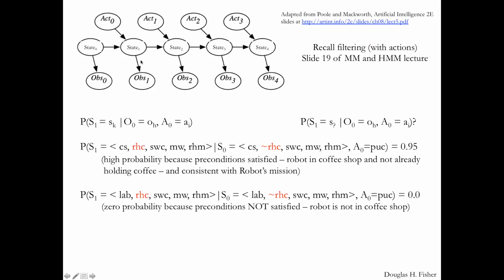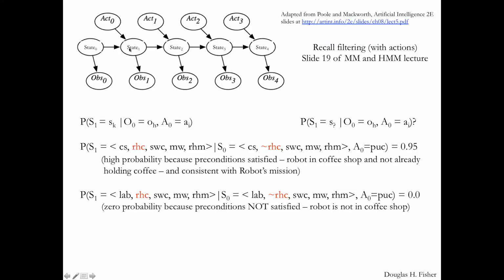So in the illustrations in the book, a state is often equated with a location. They're talking about robotic applications. But a state can be a joint outcome space, something like the robot coffee delivery system and mail delivery system.